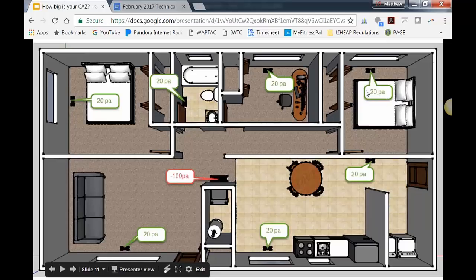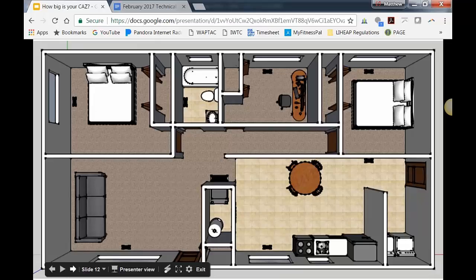Okay, so if you look at it, we have 20, 40, 60, 80, 100, 120, and 140. So we have 140 pascals of positive pressure and 100 pascals of negative pressure. So this house is probably, if it had a ceiling, under positive pressure, just with the air handler on and all the doors open. But let's go ahead and close the doors.